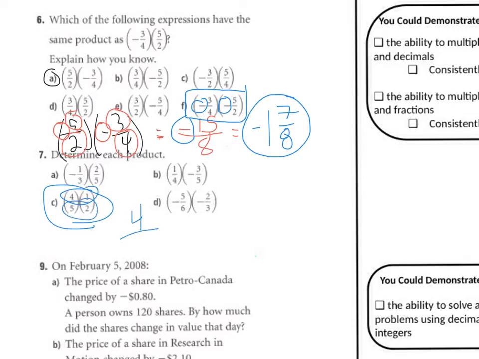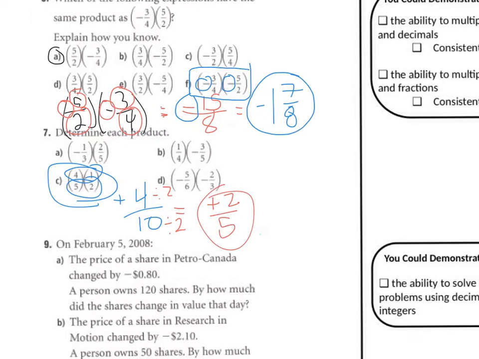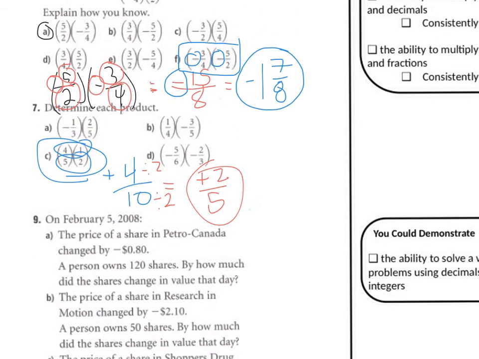I multiply the denominators, I get 10. They're both positive, so therefore my answer is a positive answer. And I can start reducing by dividing by 2, the greatest common factor there. And my answer will be a positive 2 over 5. Okay, so hopefully that helps. It's a short video today.